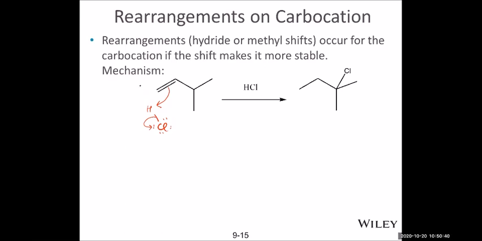So if hydrogen adds to here, the positive charge is here. If the hydrogen adds to here, the positive charge is here. This is not a good carbocation. So that's why the hydrogen must be attached to this carbon to give you a secondary, more stable carbocation.